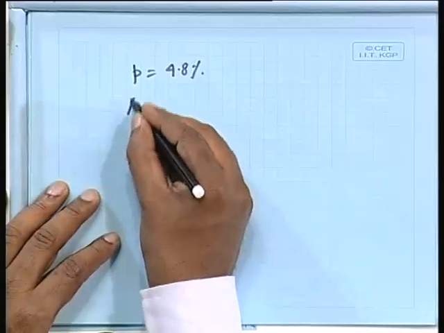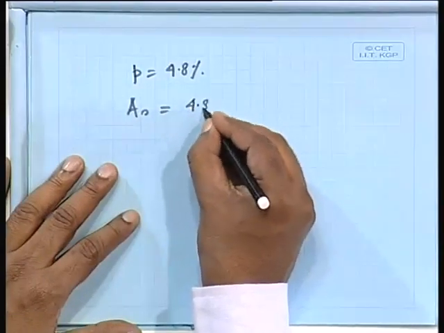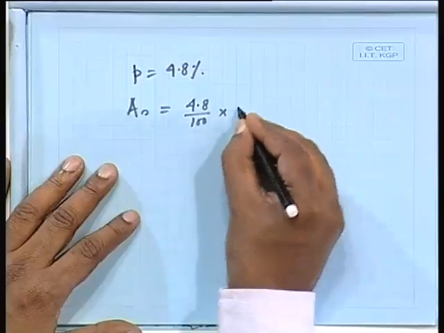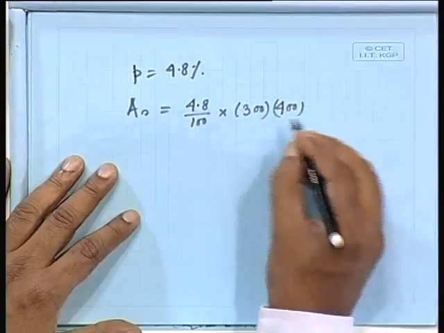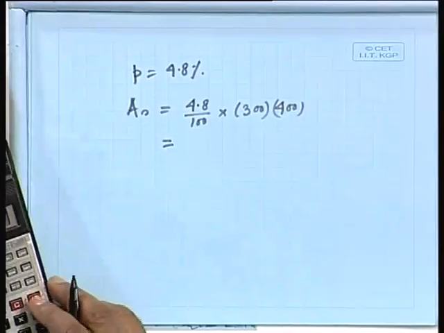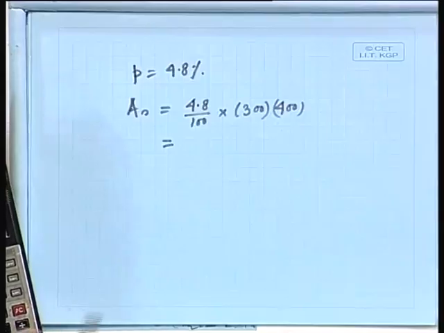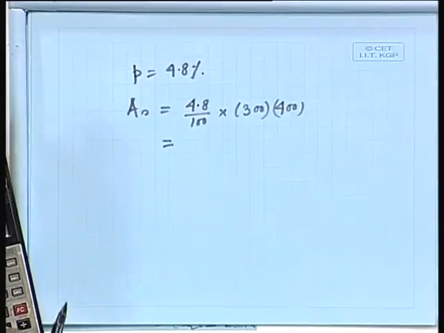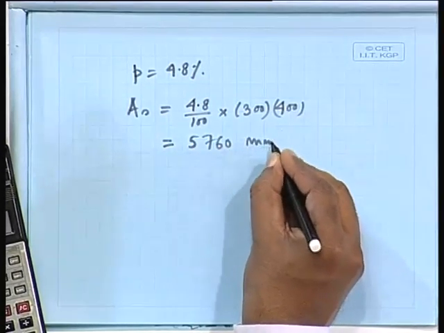Area of steel equal to 4.8 by 100 times the section, 300 times 400, which comes as 5760 square millimeter.